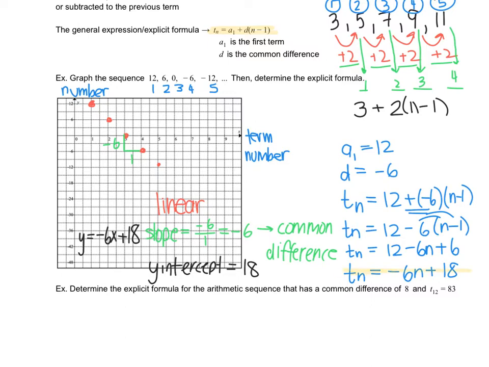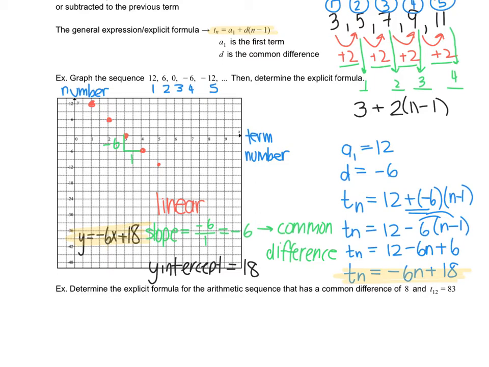That's exactly the same as the y equals mx plus b formula we came up with. And that just, again, shows you that an arithmetic sequence is linear. So that's a very important connection to make. Arithmetic is linear, and the common difference is the same as the slope of the sequence, or of the line.